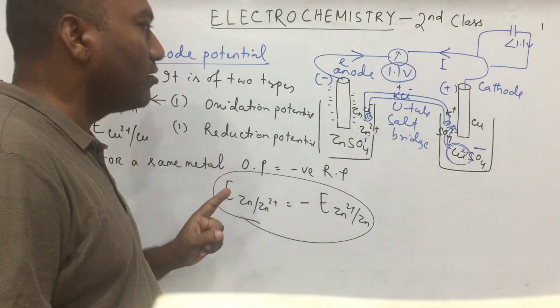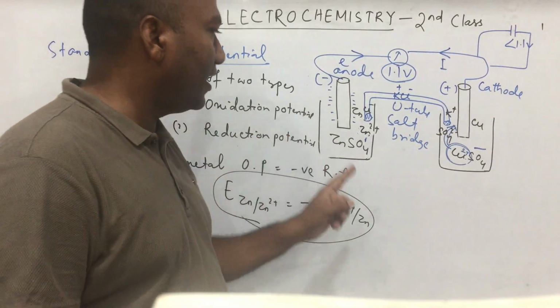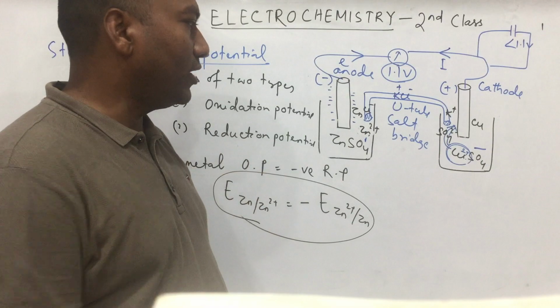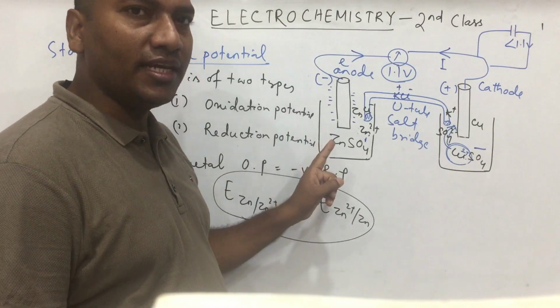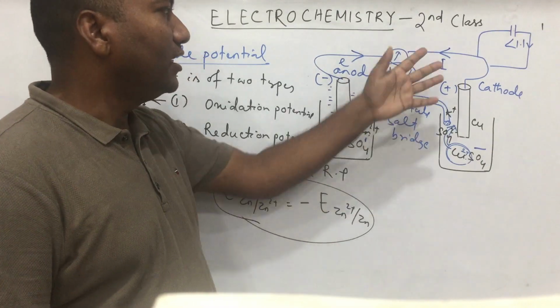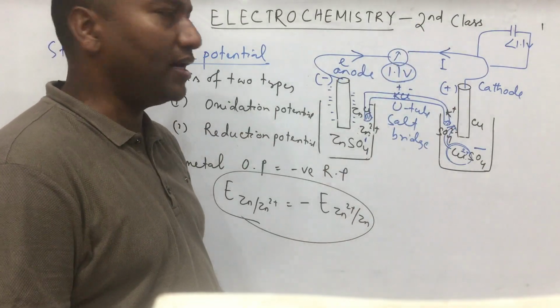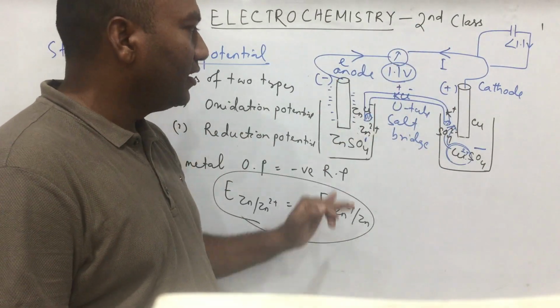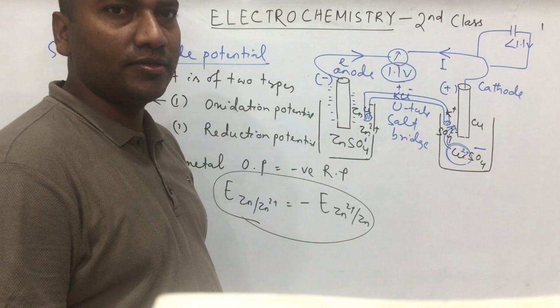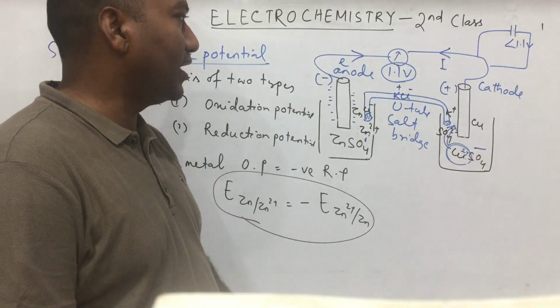The definition is almost in the same format. So what are the standard conditions? Standard conditions are concentration 1 molar and temperature 298 Kelvin. If any electrode is related to a gaseous part, which we will read after this, then we will also consider pressure. The pressure is 1 bar.